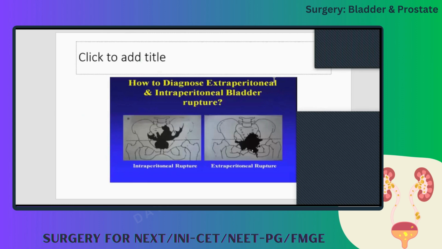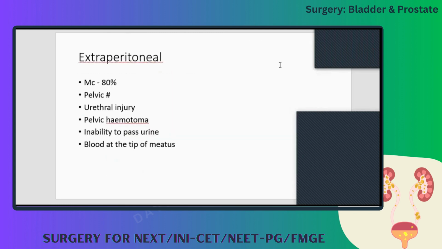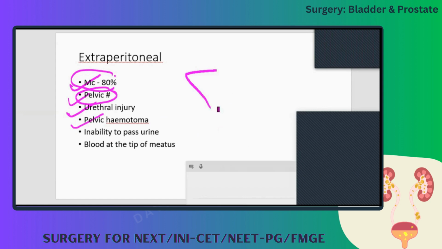How to diagnose extraperitoneal and intraperitoneal bladder rupture? Extraperitoneal is most common. 80% of the injuries are extraperitoneal. It is due to pelvic fracture. There is some urethral injury also.